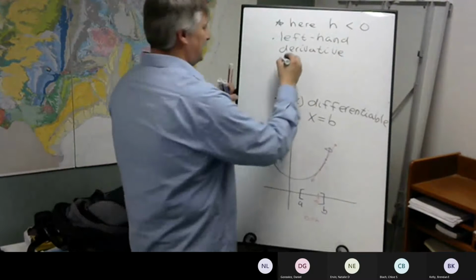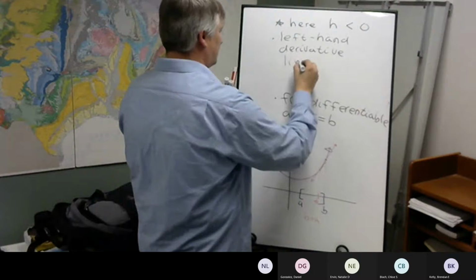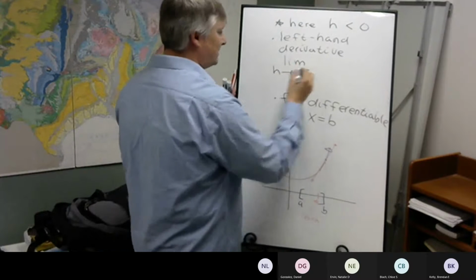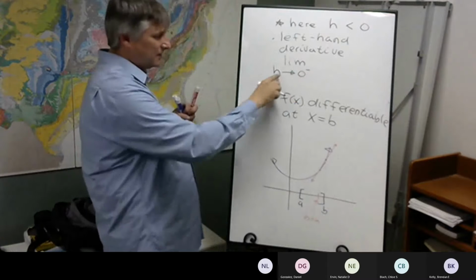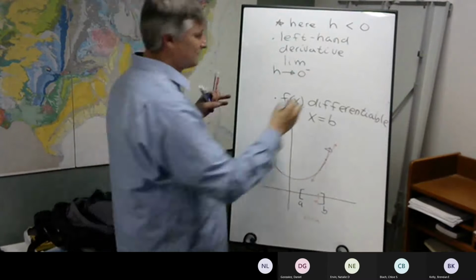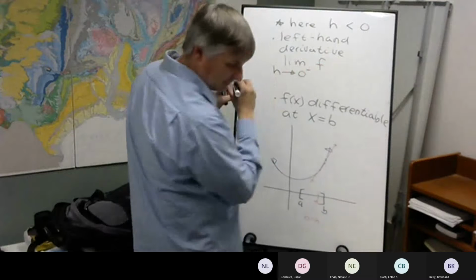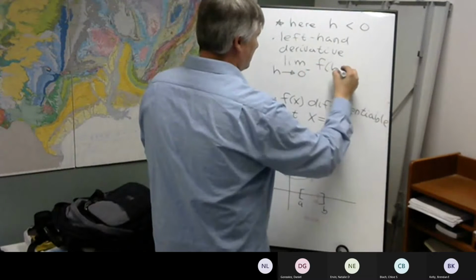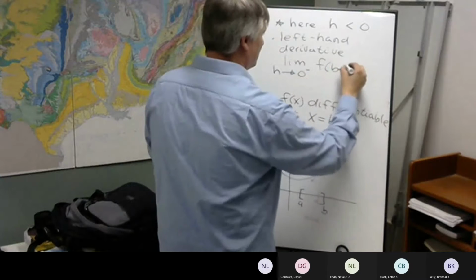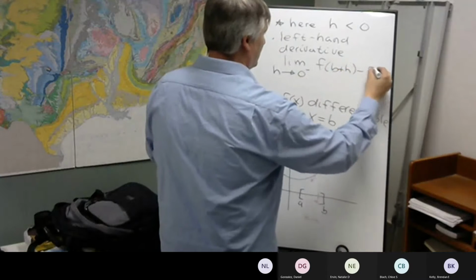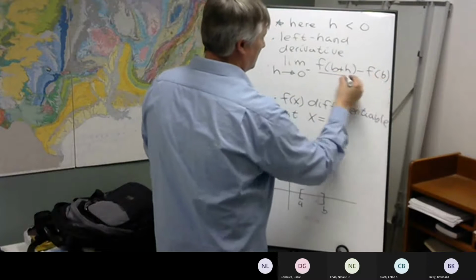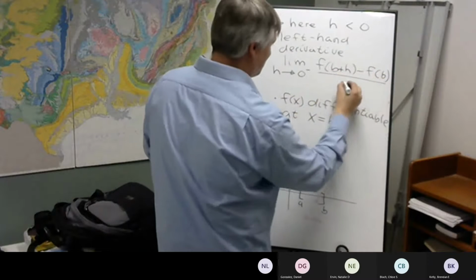So this is going to be the limit as h approaches 0 from the negative side, so very tiny negative numbers, of f of b plus h minus f of b over h.